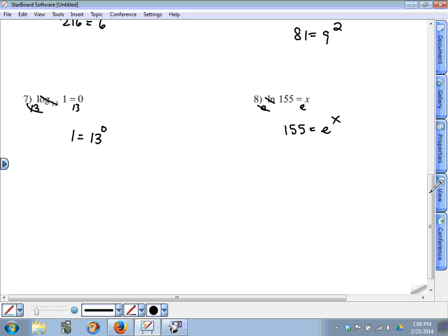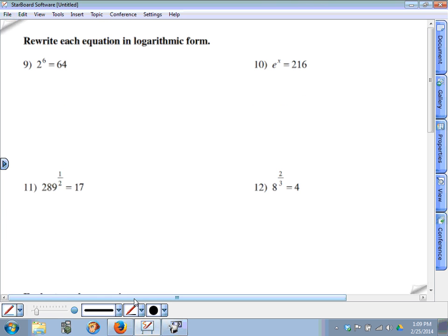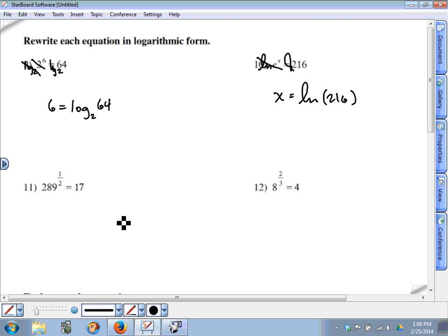The next section is just doing the reverse. They're already in exponential form. So you have to rewrite using logarithmic form. To cancel that base of 2, you have to use a log base 2 on both sides. That's gone, so you have 6 is equal to the log base 2 of 64. Here you use a natural log. So you have x is equal to the natural log of 216.